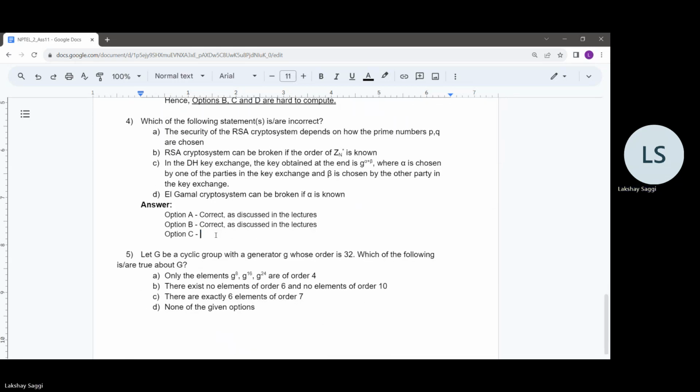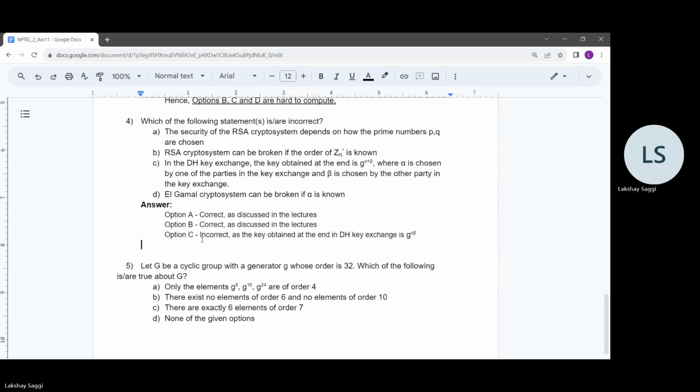So this statement is incorrect, as the key obtained at the end in DH key exchange is actually G raised to the power alpha times beta.